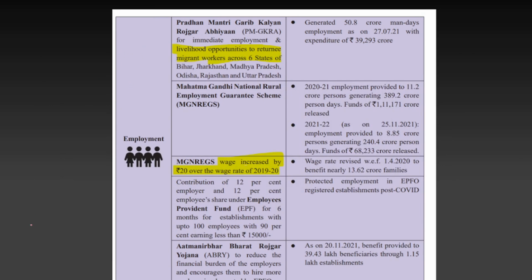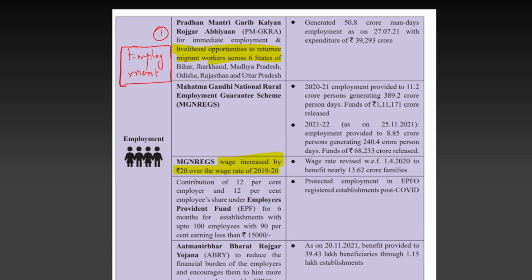Next, one more thing: Pradhan Mantri Garib Kalyan Rozgar Yojana. Rozgar is employment, and Pradhan Mantri is Prime Minister. Every scheme is in Hindi, so you cannot do anything about it.